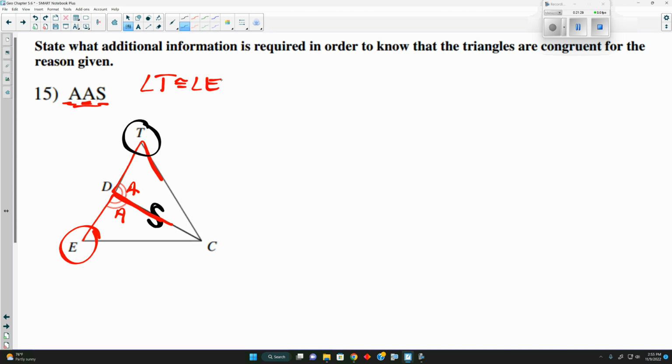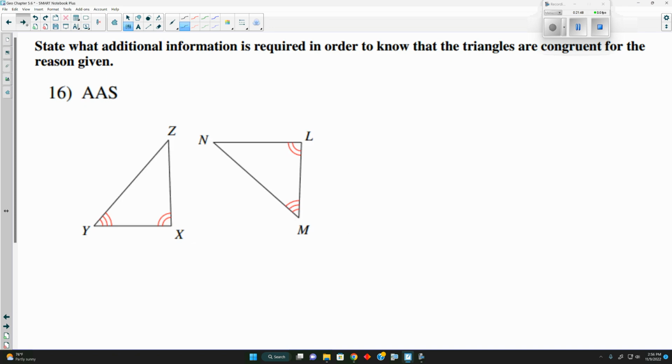Questions on any of this here? CTD and CED? Yes, because that is the same angle. Any questions on any of this so far? Are we good with this here?